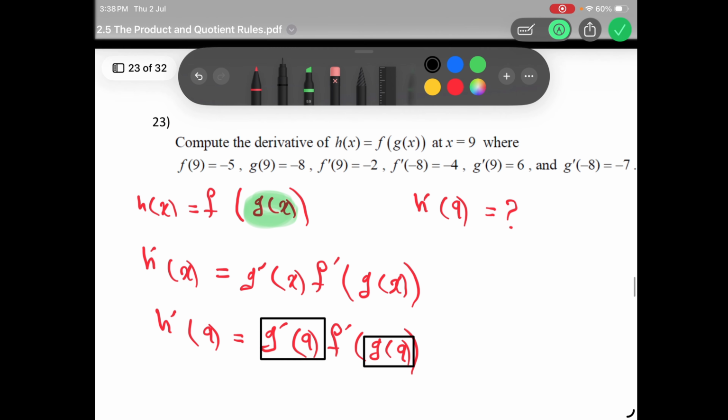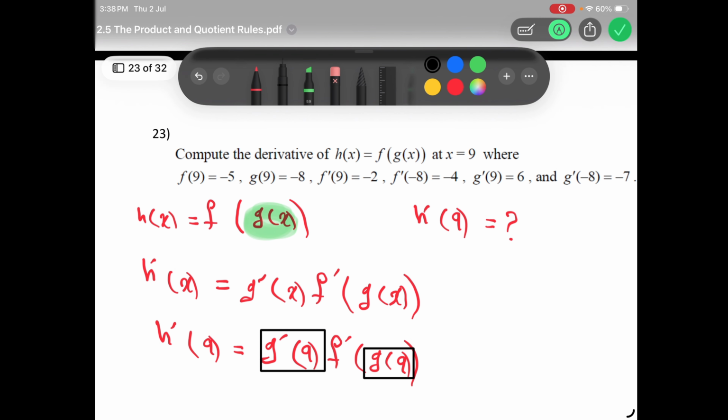And we have them here. Look at this long story. G prime of 9. Where is G prime of 9? I have G of 9, this one.